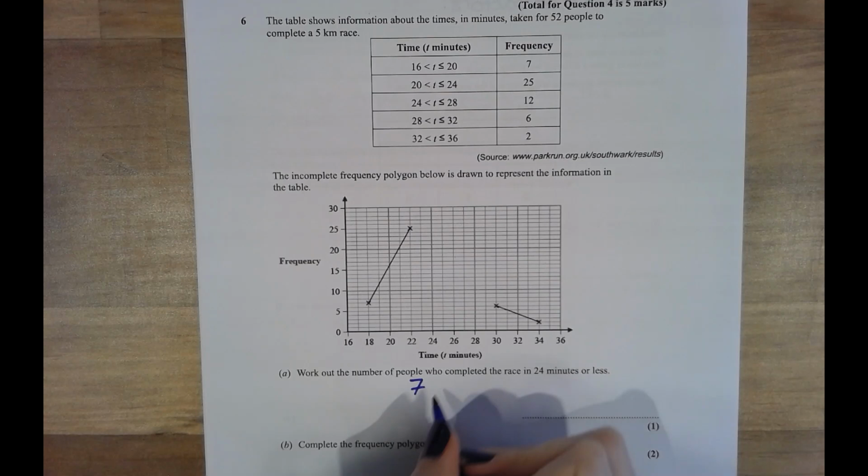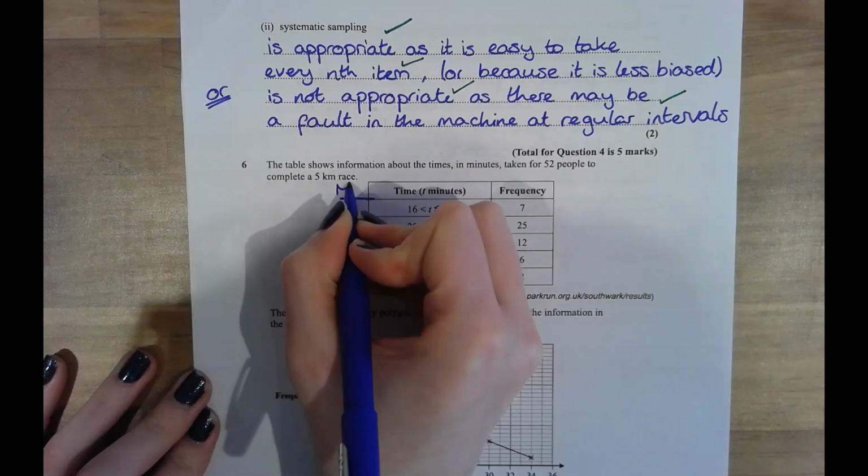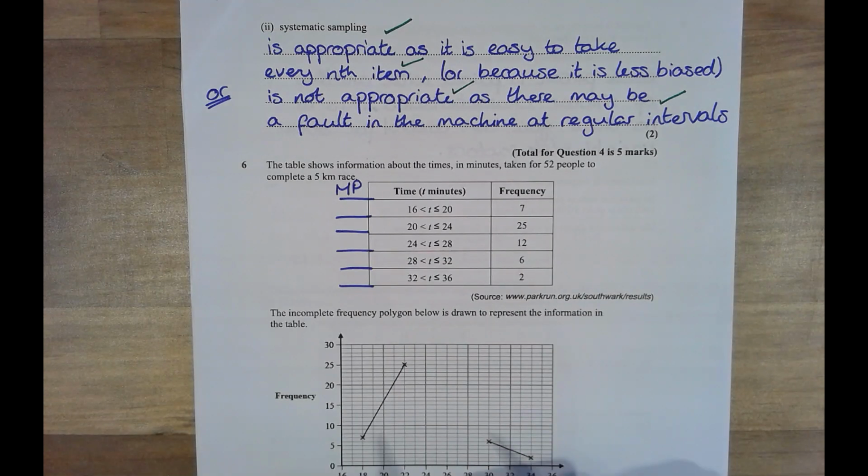We are then asked to complete our frequency polygon for the next part of this question. When we're drawing our frequency polygon, we plot the frequencies at the midpoints of our ranges for each class, or those different class intervals.